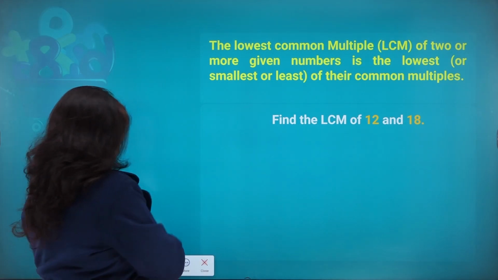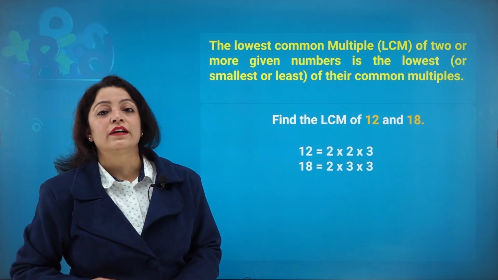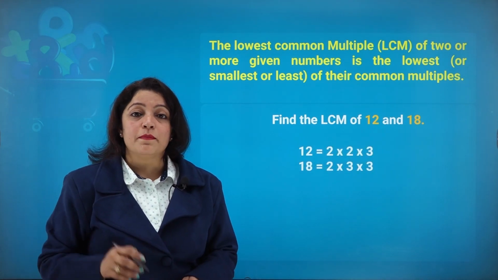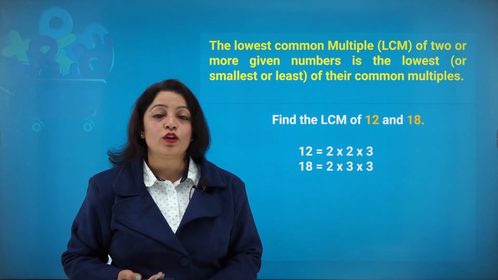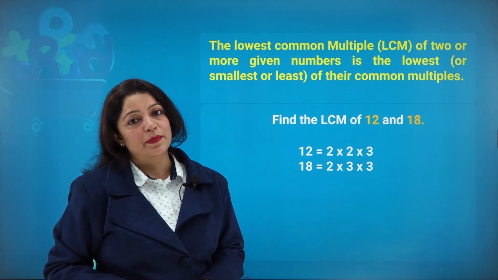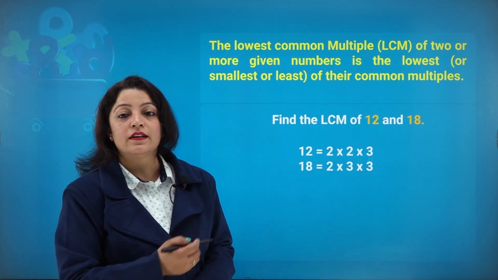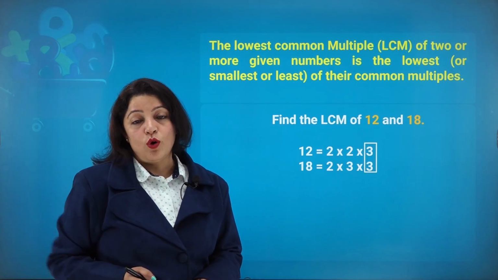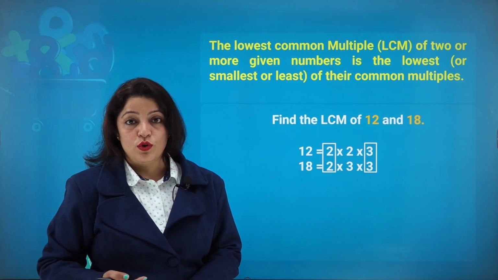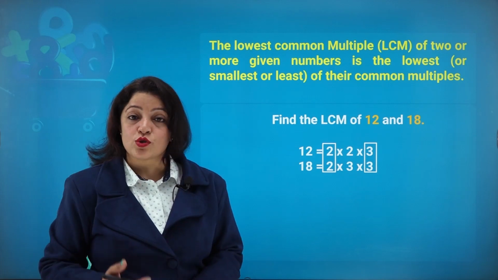So now if I write the prime factors of these two numbers in this manner, now after finding the multiples, that means it is a multiple of all these factors, right? So now let us find the common multiples. So here we find that 3 is common and also we find that 2 is also a common factor here. So is there any other factor which is common?